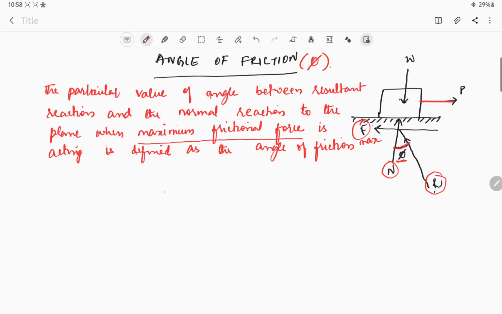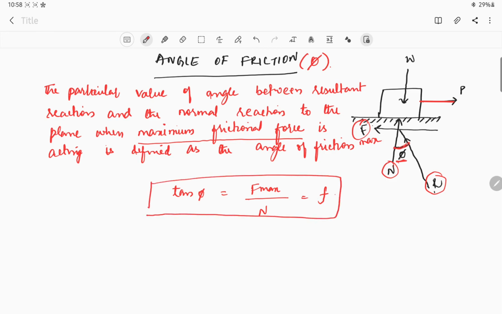And to further simplify, we have the formula tan phi is equal to F max by N, also known as the coefficient of friction. So these are the three things which are very, very important.